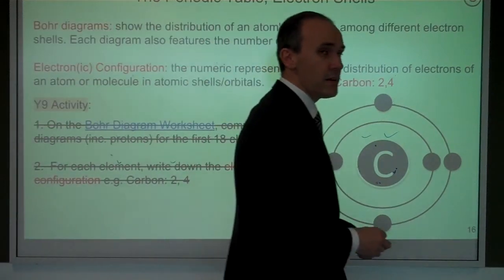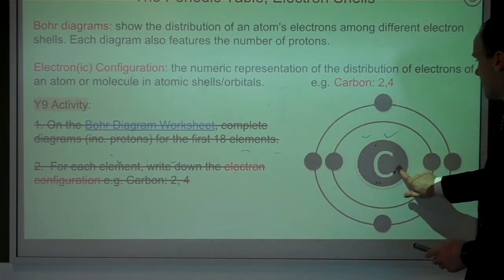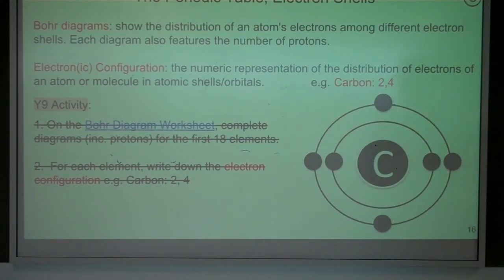What group is carbon in? Four. Again, everyone, have a look at your periodic table. What group is carbon in? Four. But what's its atomic number? 6. So it has a total of 6 electrons. But in chemistry, I said this to you before, in terms of chemical reactions, which electrons are important?